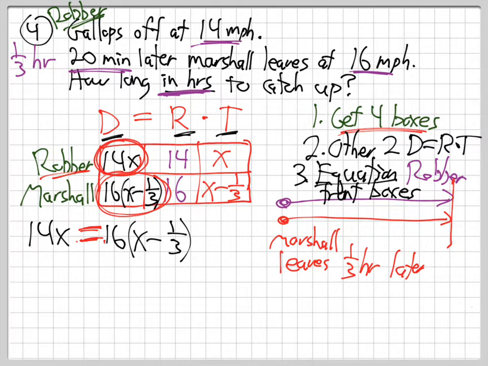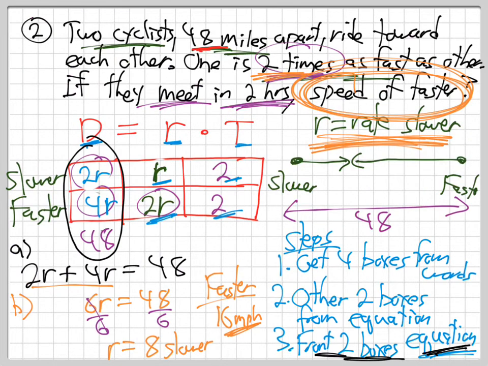All right, so now there's our little equation to solve, which looks a little painful. All right, let's do it. So 14x, and then distribute that 16 through there. This one we didn't add or subtract. It wasn't like the other two, where we had people coming towards each other, and so we added up to cover the whole distance. These are not people coming toward each other.